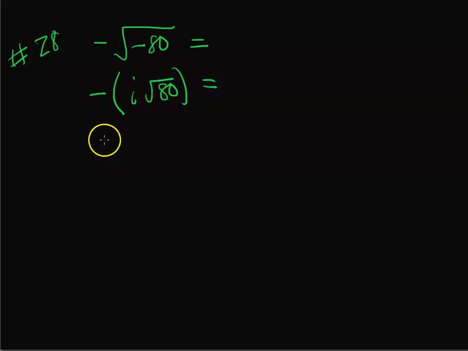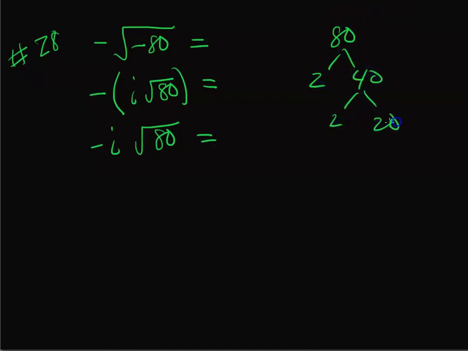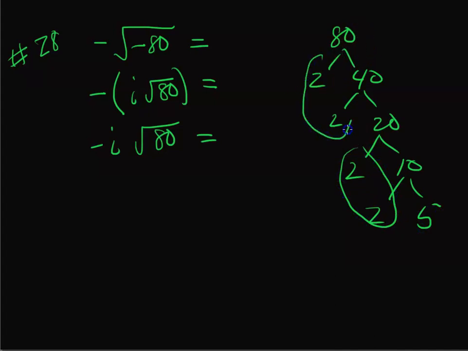Pull your i out. So this is really a negative i square root of 80. But hold on. Maybe I can pull some things out of that 80. That's 2 times 40, which is 2 times 20, which is 2 times 10, which is 2 times 5. So I can pull out a 2 and another 2. So I can pull out this 4 and leave behind 5.